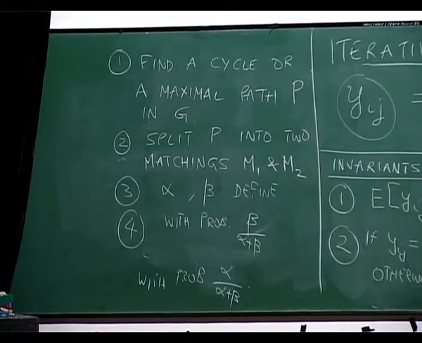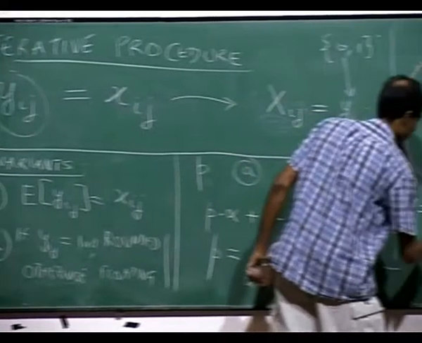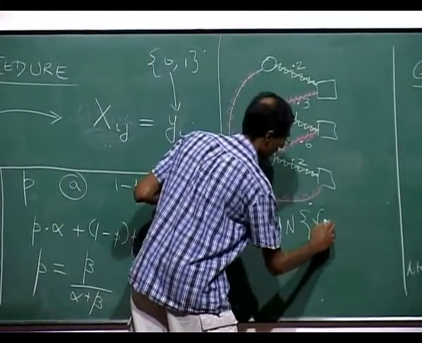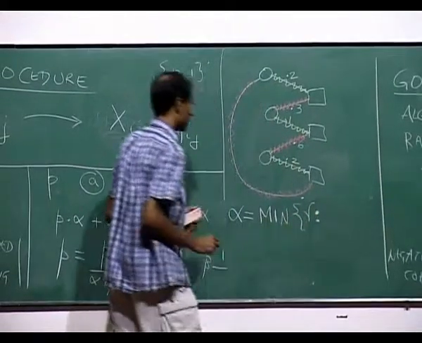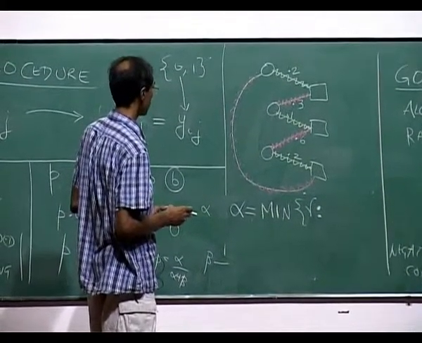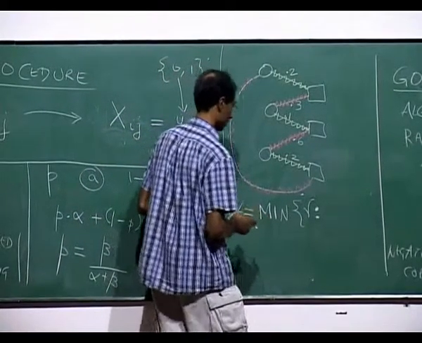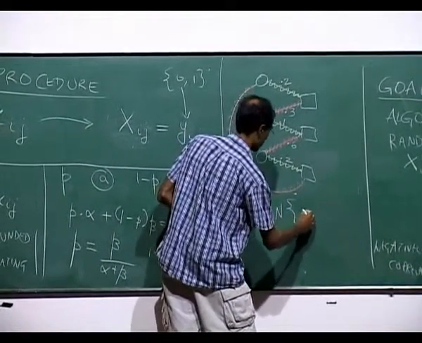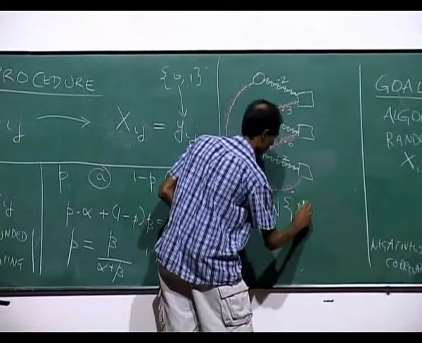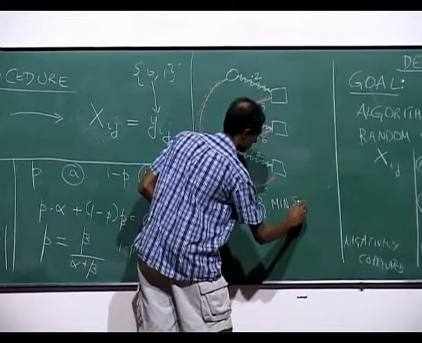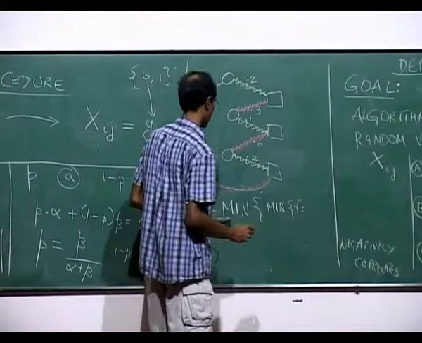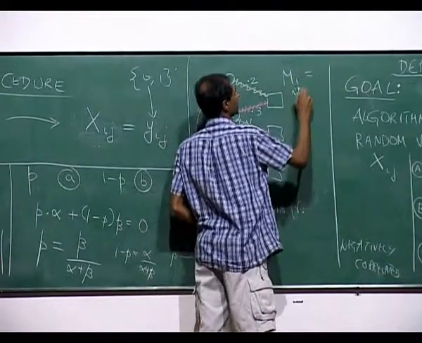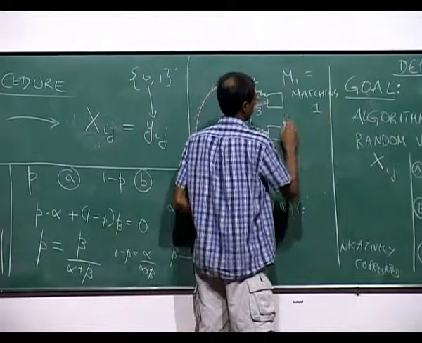So alpha is going to be the minimum of two quantities, gamma such that... so I'll calculate the minimum gamma such that... so M1 is matching 1, M2 is matching 2.